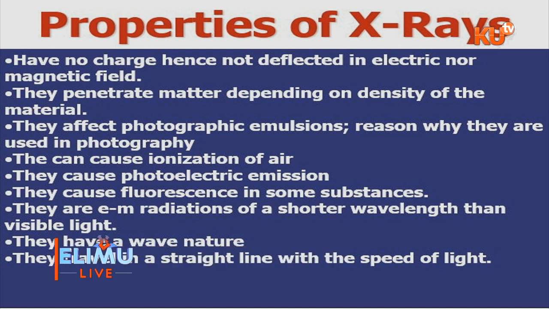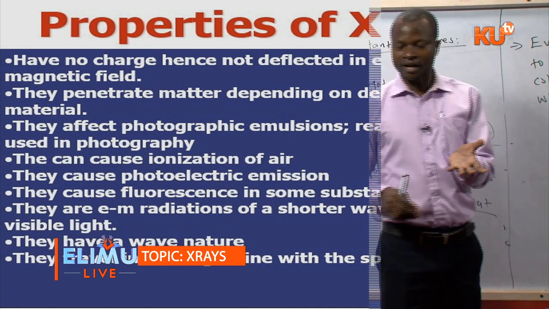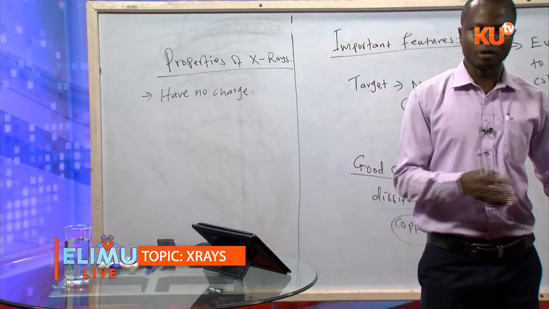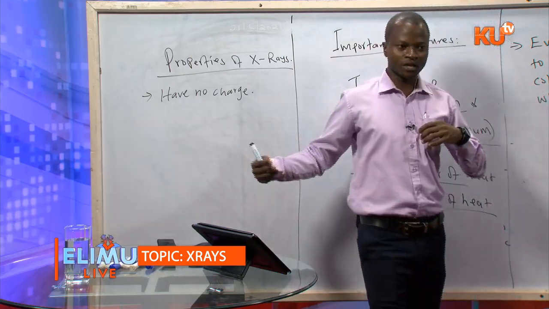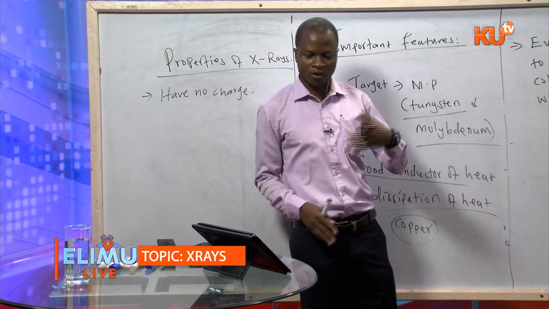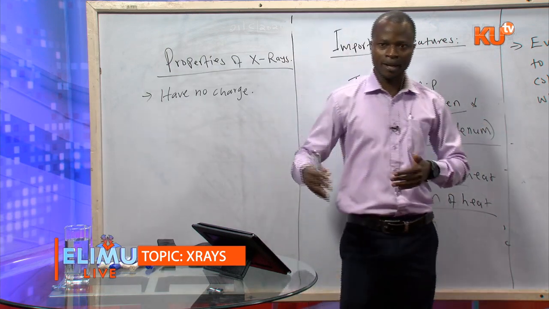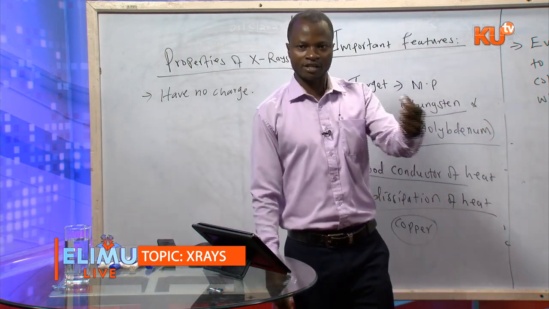Why do they have no charge? How do we tell they have no charge? When you pass a stream of X-rays in an electric or a magnetic field, there will be no deflection. Compare this with the cathode rays, which were deflected in an electric and a magnetic field because they are negatively charged.